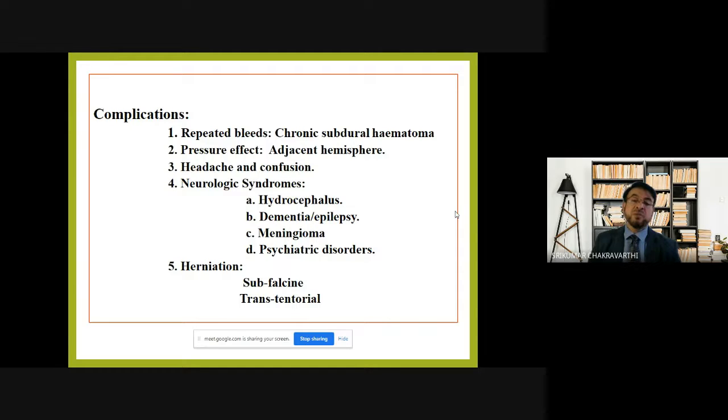The pressure can cause a hydrocephalus, and the brain compression can result in dementia and epilepsy and convulsions as well. If the person survives later on, he is prone to developing a benign tumor of the meninges, which is a meningioma.